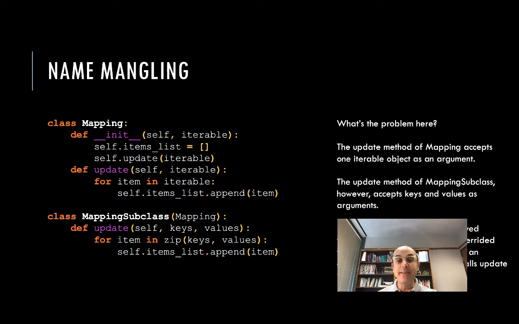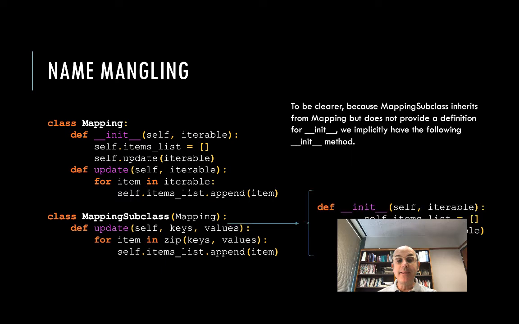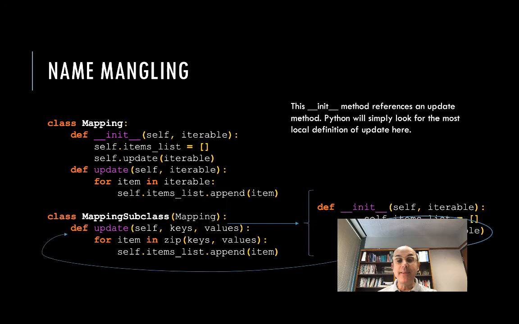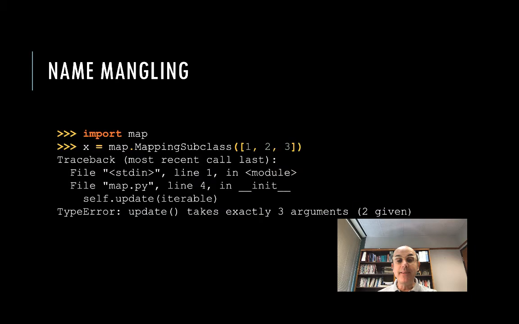The update method of mapping accepts one iterable object as its argument, but the update method of the mapping subclass, however, accepts key and value as arguments. Because it diverges from the mapping and we have not overridden the methods in it, we have an error when we call update with a single argument. So this is the error that we might run into, in order for us to find it and apply a fix.